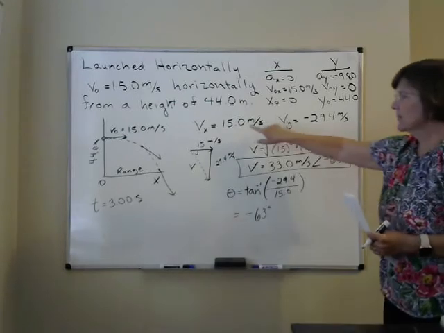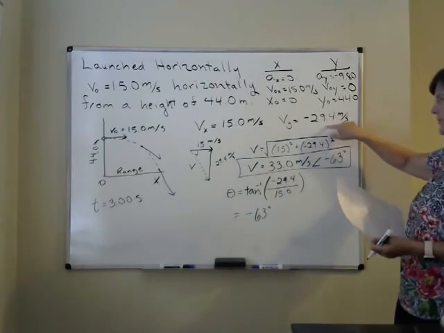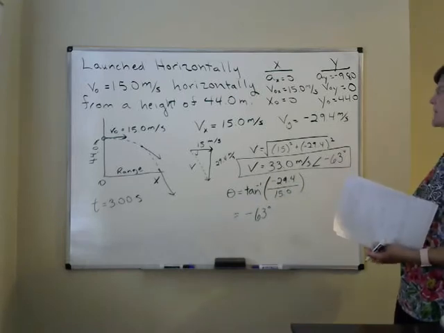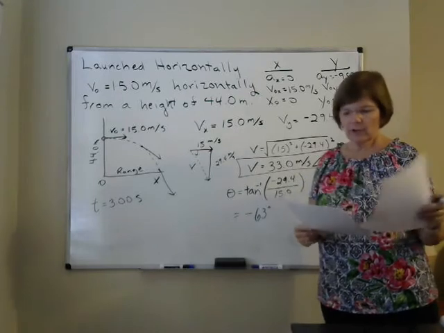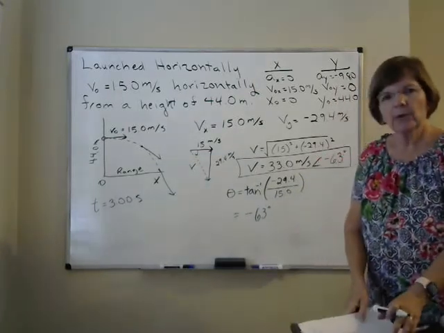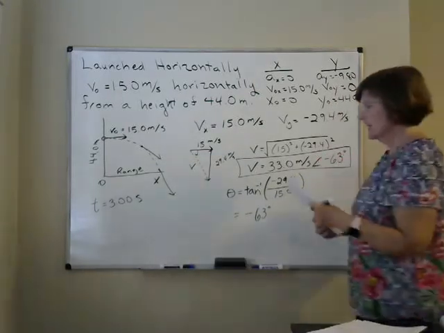Perfect little example of how to add two vectors, how to think about the direction. All right, let's work with one more problem with a horizontal launch, just to have the practice. And we'll work one where we are given a slightly different problem.